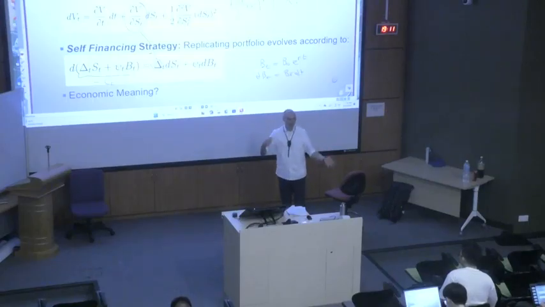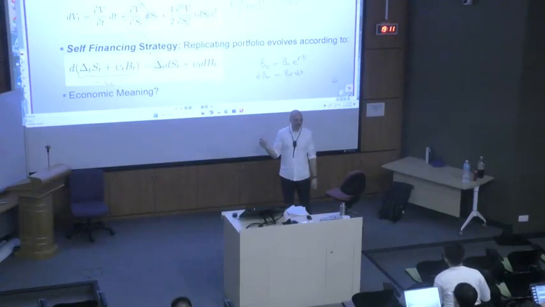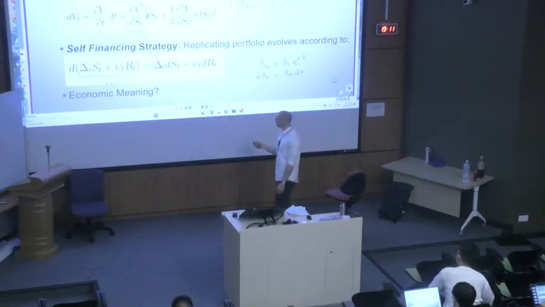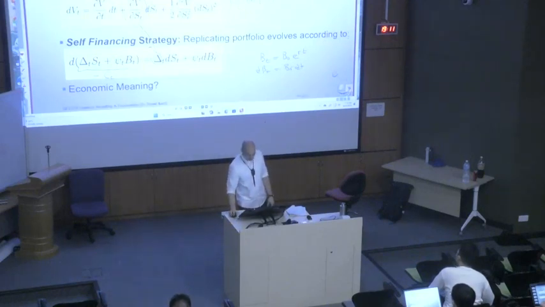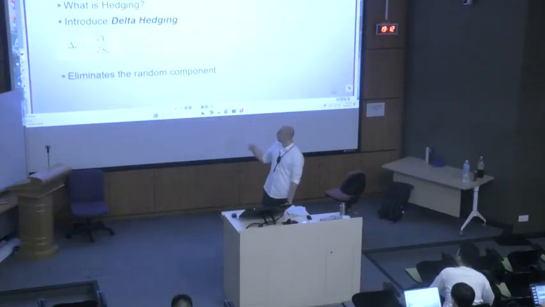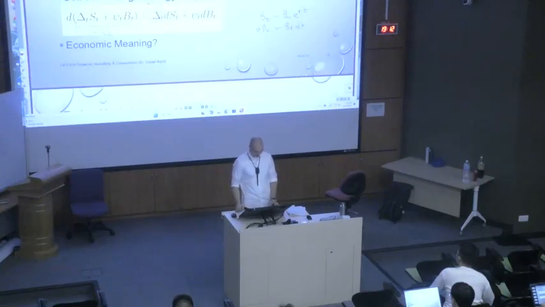Because if there is a truly random component that behaves of a much higher order of magnitude than dt, namely like square root of dt essentially, then there's really no chance that you can somehow account for it using these other terms. So that was why there's only one reasonable approach left to pursue, which is setting delta to be the delta hedge, so minus the derivative of V. That's exactly what is written here.